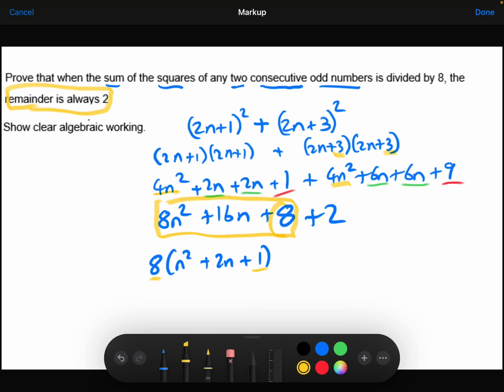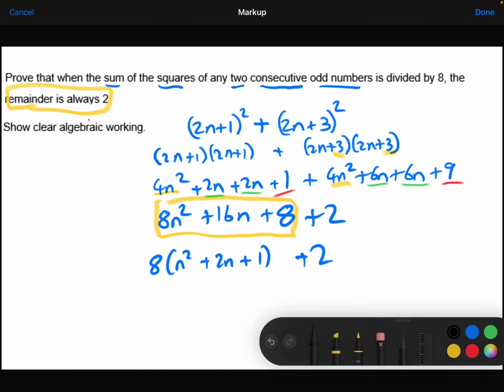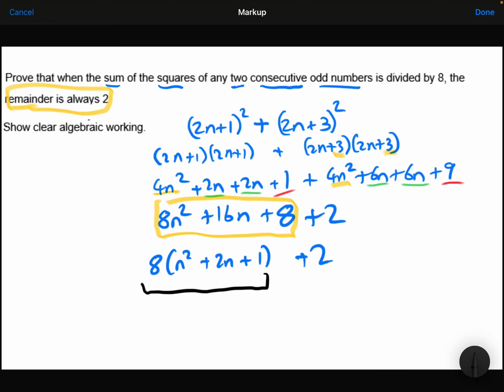And the 8 times the 1 is the 8. Plus the 2. And I can now say that this is divisible by 8, and it leaves the remainder of 2.